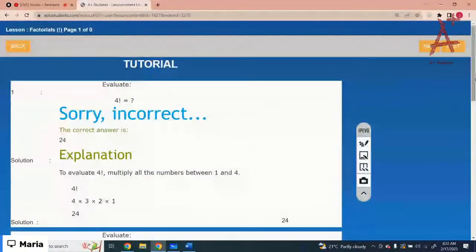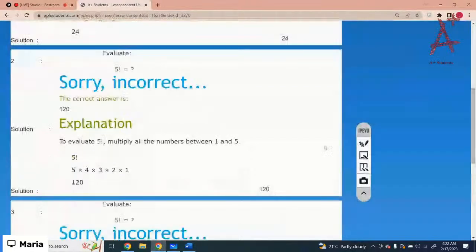Okay, the next one is you have to evaluate 5 factorial. So you have to start from 5 and multiply all numbers between 5 and 1. Got it? So it would be 5 times 4 times 3 times 2 times 1. When you multiply all the numbers, the product is 120.